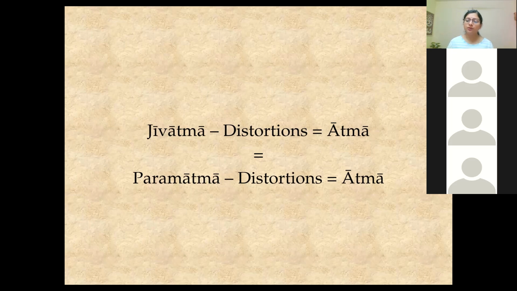But once we shift our vision through correct understanding to Atma, then all that there is only Atma, and I am that Atma. And that is what we call Advaita, non duality, not seeing the differences, not accepting the differences.